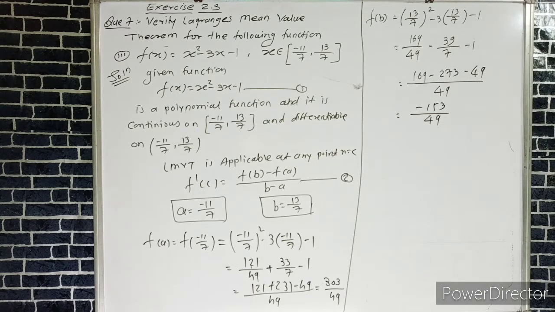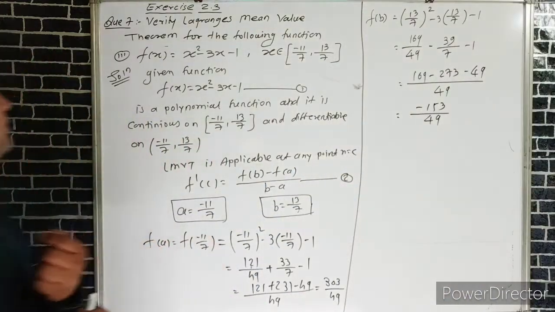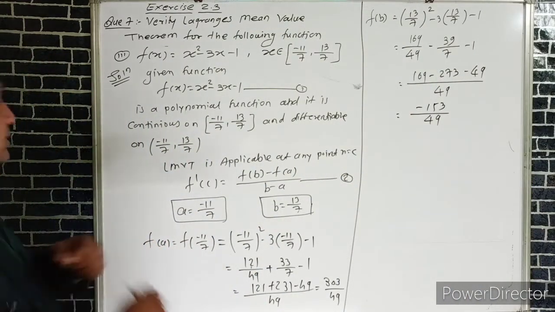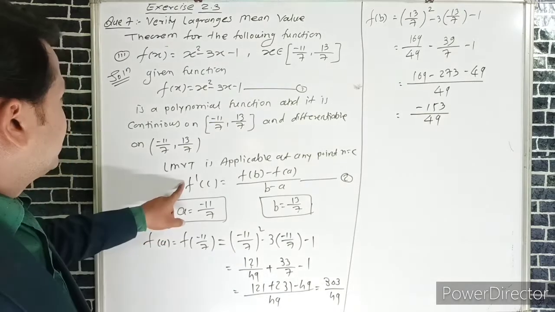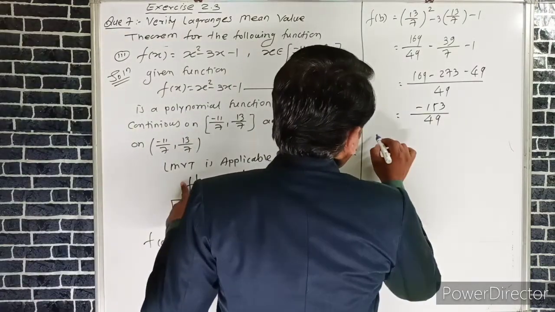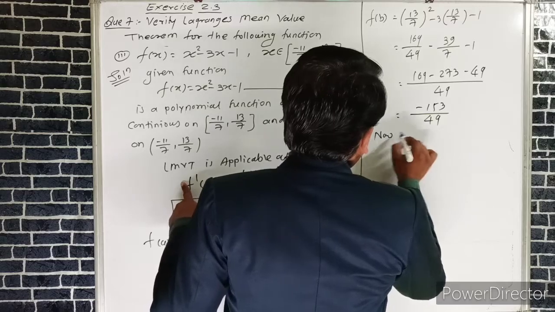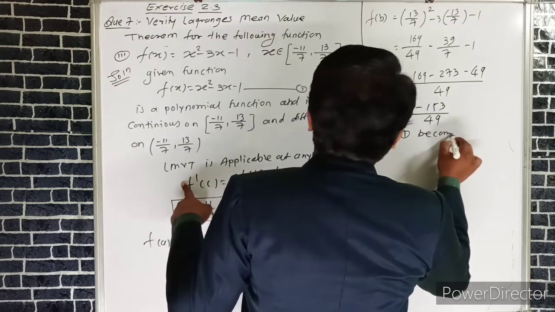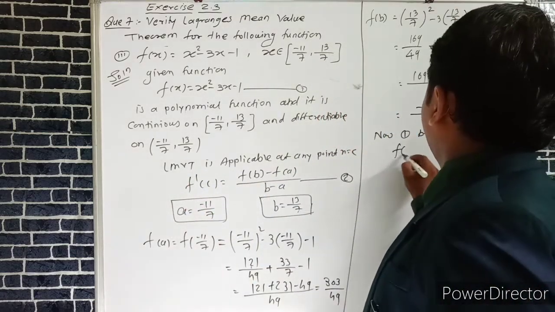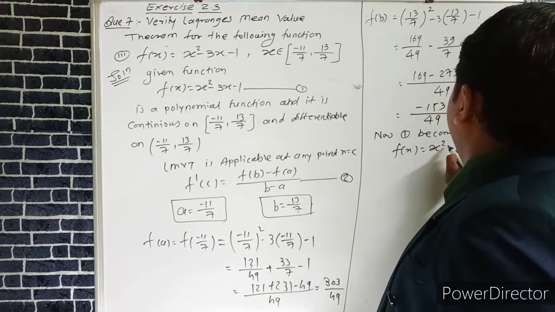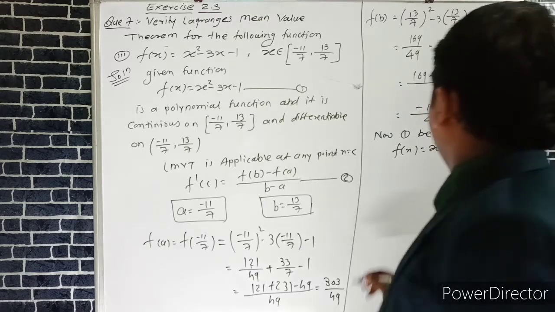So now we have to take first the function for f dash of c. Equation 1 is f of x equals x square minus 3x minus 1.